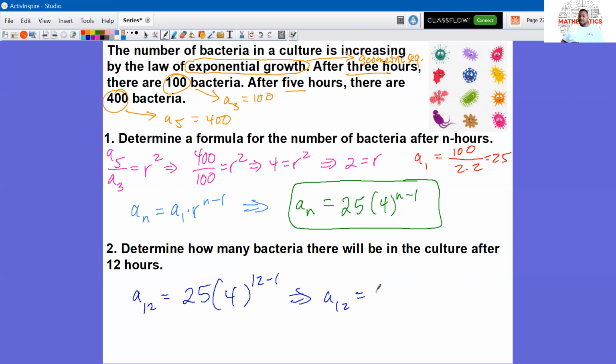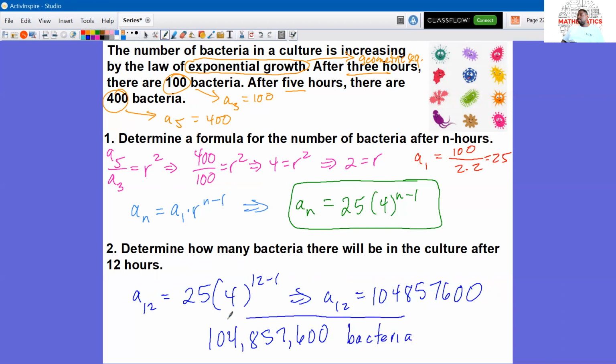This is how much bacteria will be in the culture after 12 hours. Yeah, about 104 million bacteria. That's a lot of bacteria.